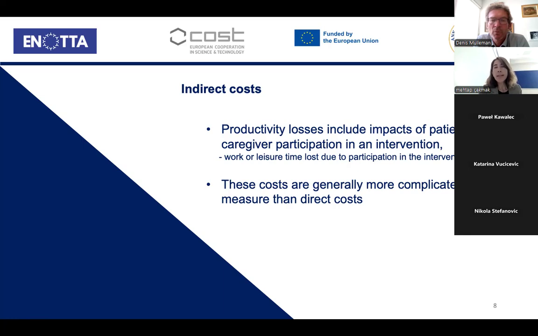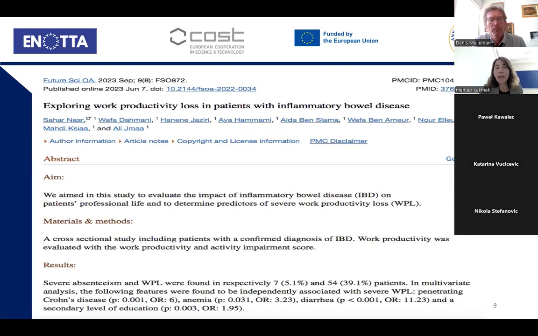So indirect costs include every kind of impact of patient and caregiver participation in an intervention. These costs are generally much more complicated to measure than other kinds of tangible costs. You see a publication here exploring work productivity loss in patients with inflammatory bowel disease.